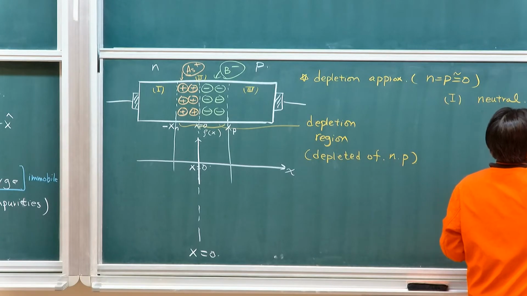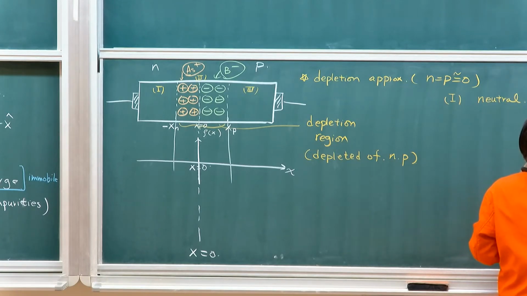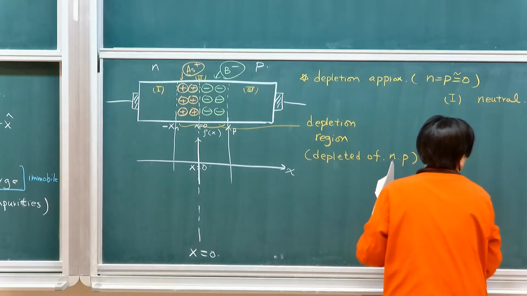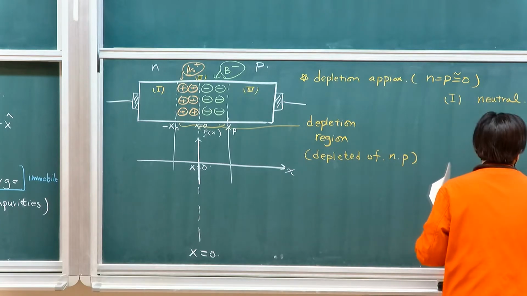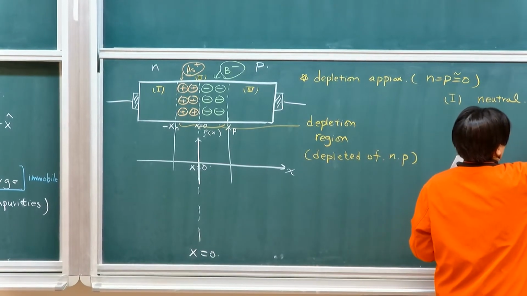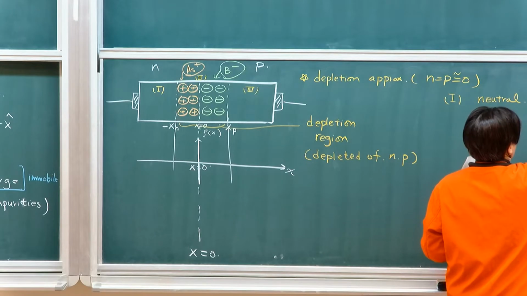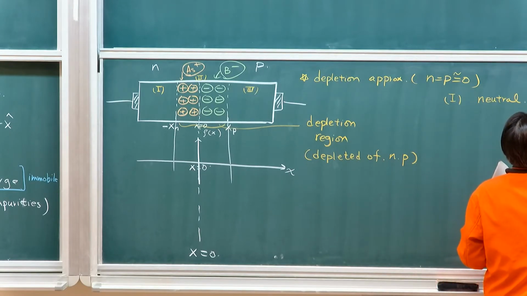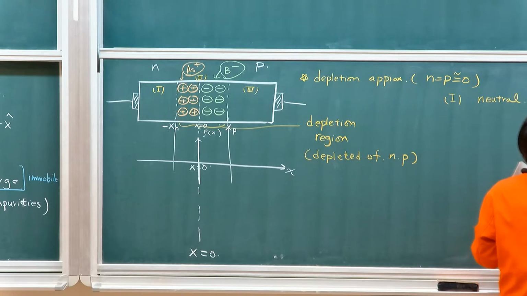Remember, we had the charge neutral condition. Let me write it down. Following our neutral guideline, minus q nn equals positive q Nd plus positive q pn, and this equals 0.